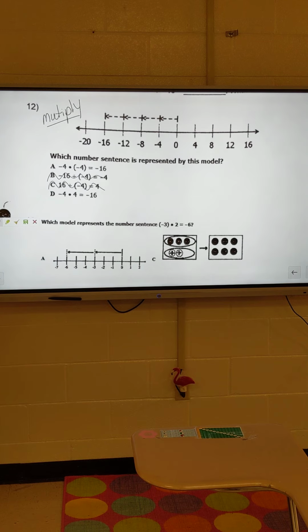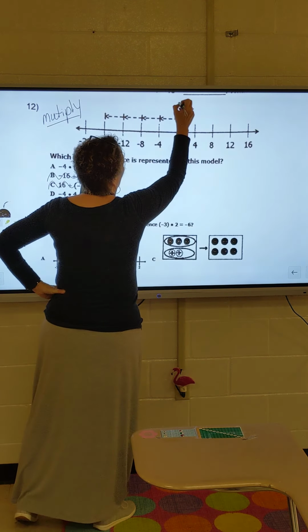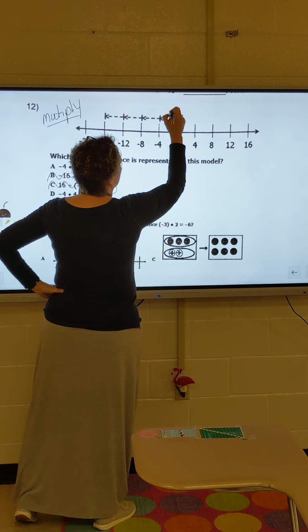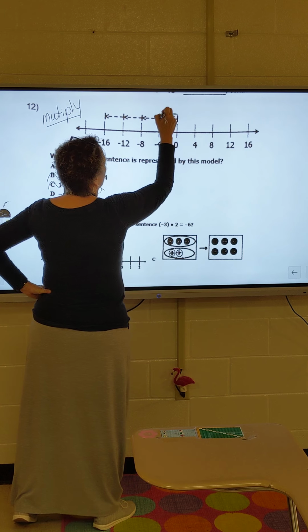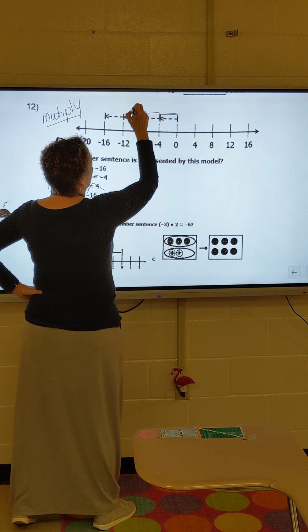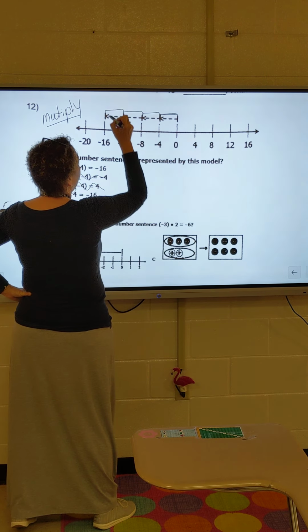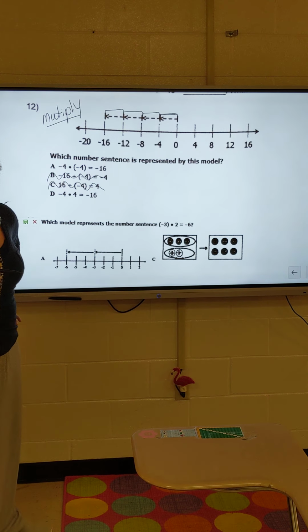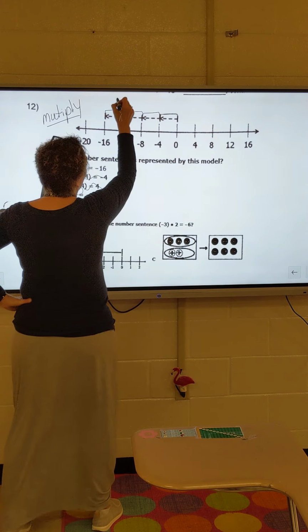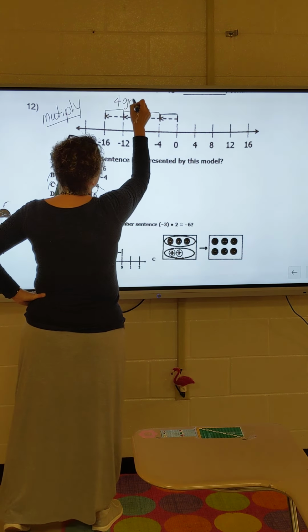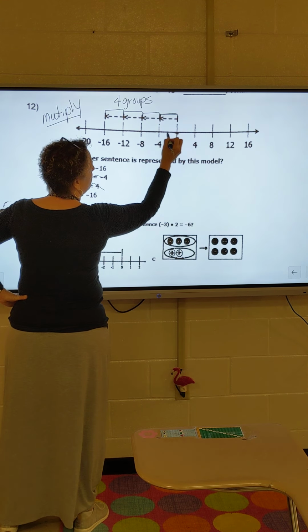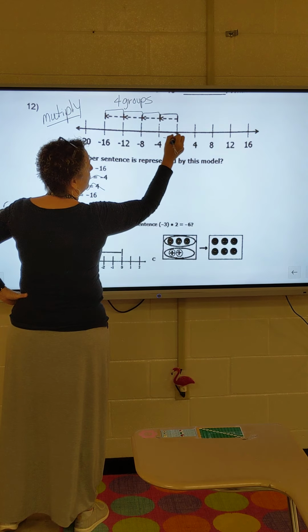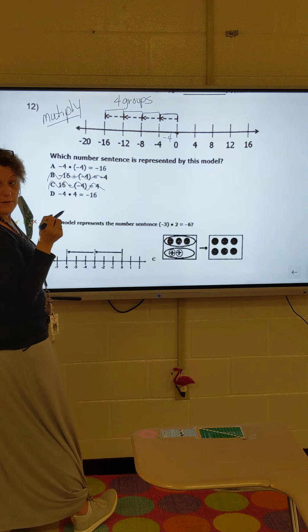Okay? Now, look at this. I have 1, 2, 3, 4. That's 4 groups, right? I have 4 groups. And how far is it from 0 to negative 4? That's negative 4, isn't it?